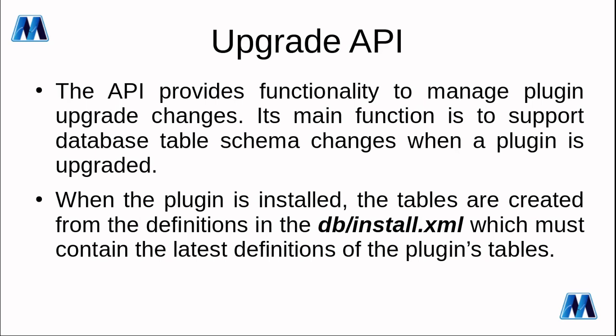If they're upgrading and you have made changes to your schema, then you need to manage how to get that person's database to reflect the latest version of the database, as specified in your install.xml file. So the upgrade API uses the data definition API functionality to take your tables from one version to the latest version.